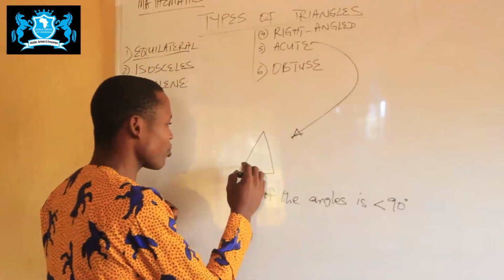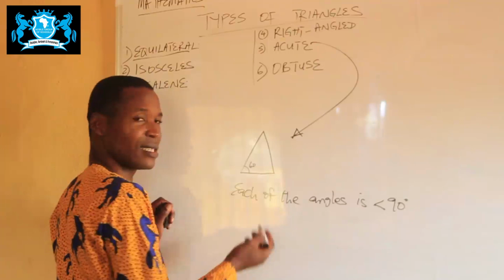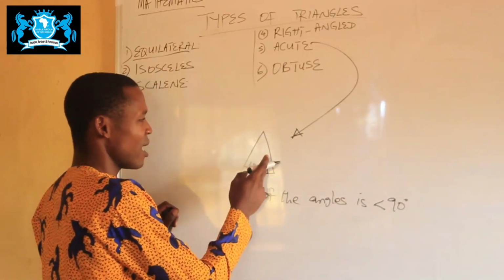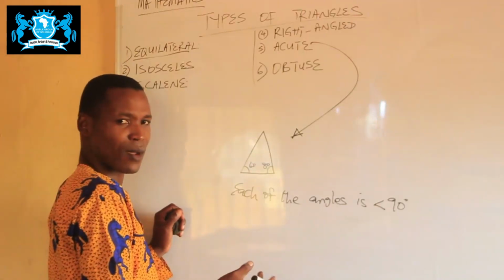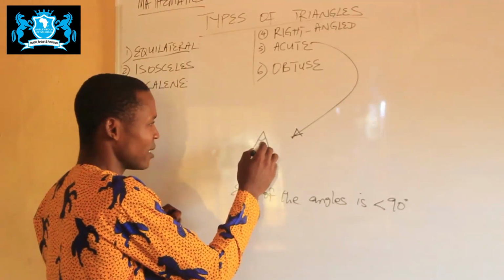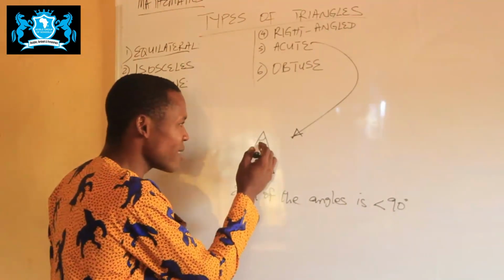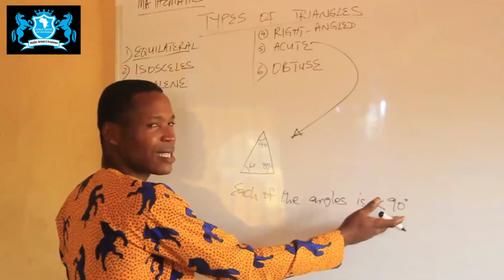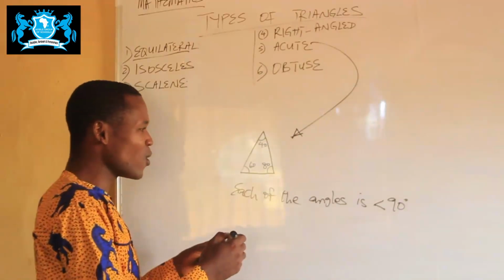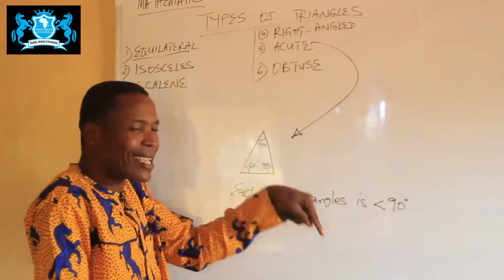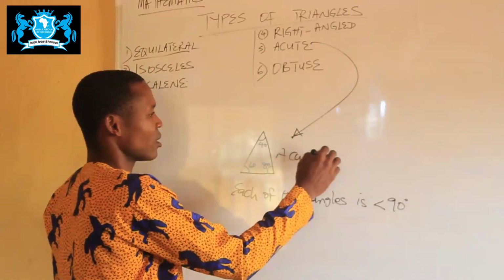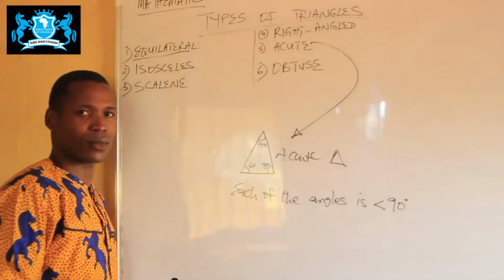For instance, if we have 60 degrees here, 80 degrees here, 80 plus 60 will give us 140, right? Then we have 40 degrees here. You can see that none of these angles is 90 degrees or more. So any triangle in which each of the angles is less than 90 degrees, we call an acute triangle. I hope you are following.